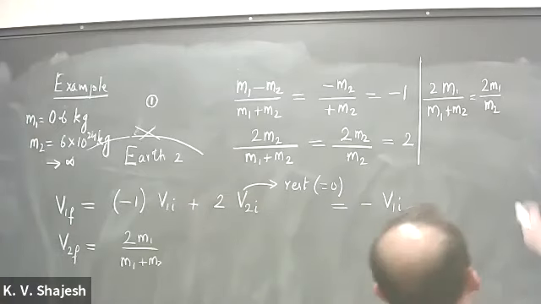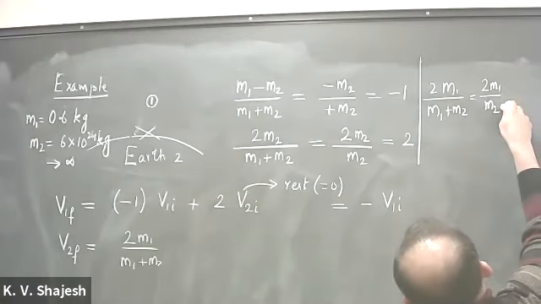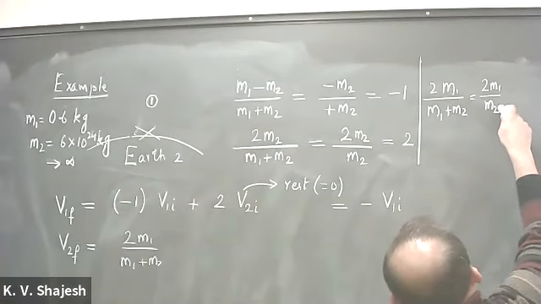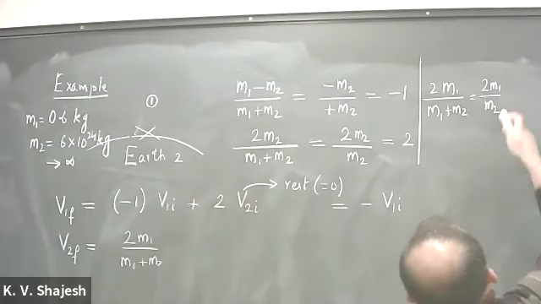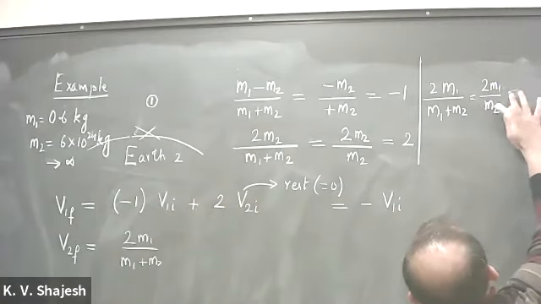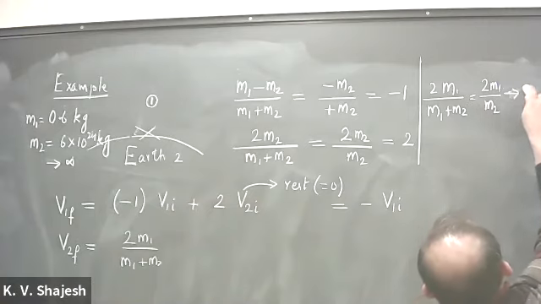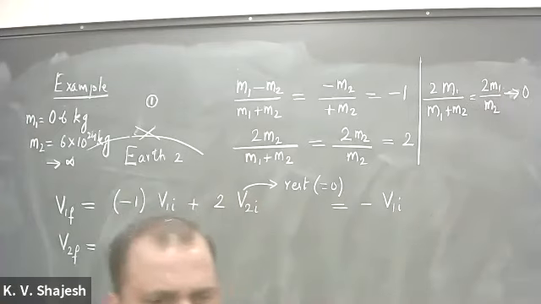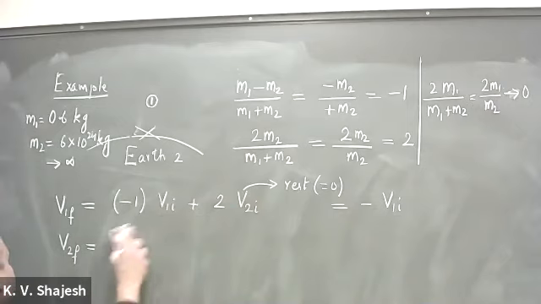This is a very small number divided by a very large number, 10 raised to 25, and that's approximately 0. In the limiting case of m2 going to infinity, that's really 0. To one significant digit, that's surely 0.